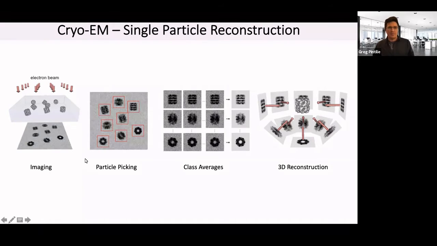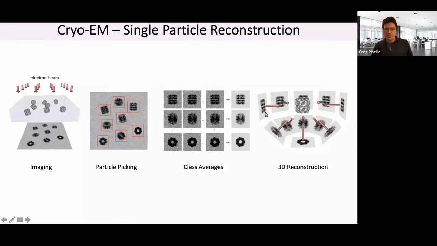So cryo-EM, basically we start by imaging frozen particles, and we take images on micrographs. Now this is all sort of a simulated scenario, so usually the particles are not this well visible. But from the micrographs, we pick the particles and we try to arrange them into similar views, so the ones that look similar, and these we call class averages.